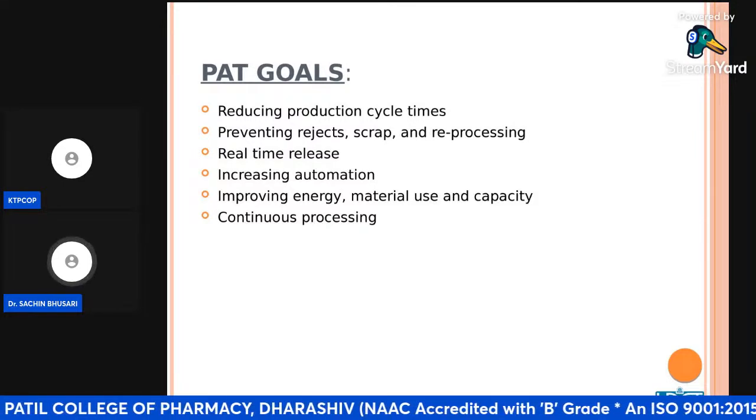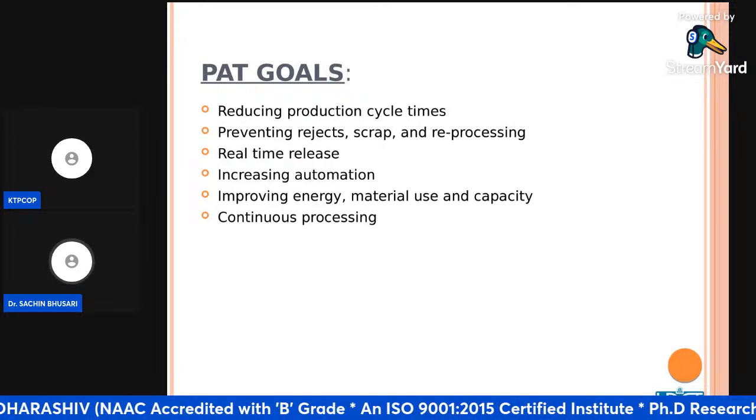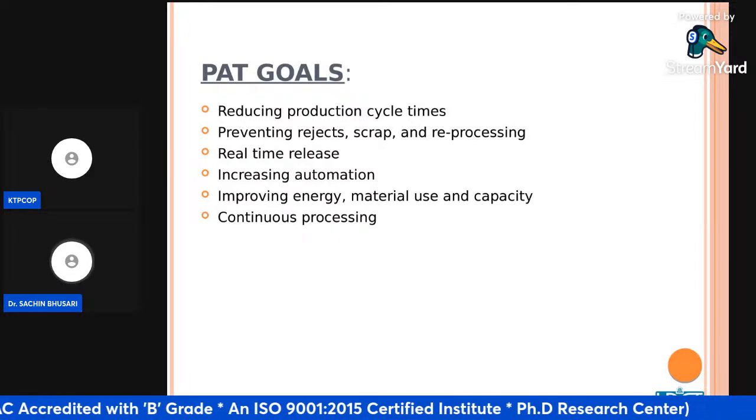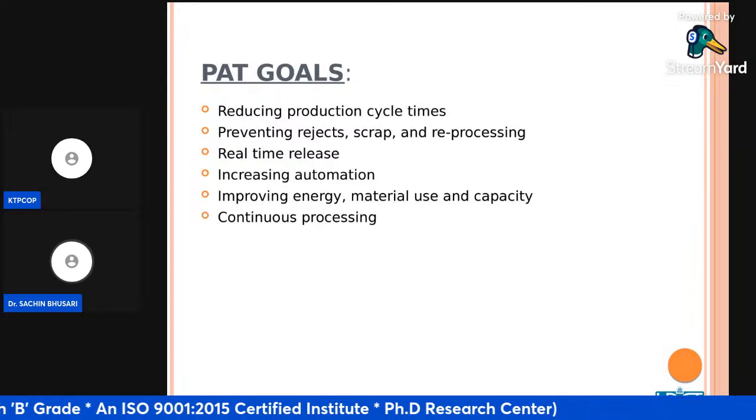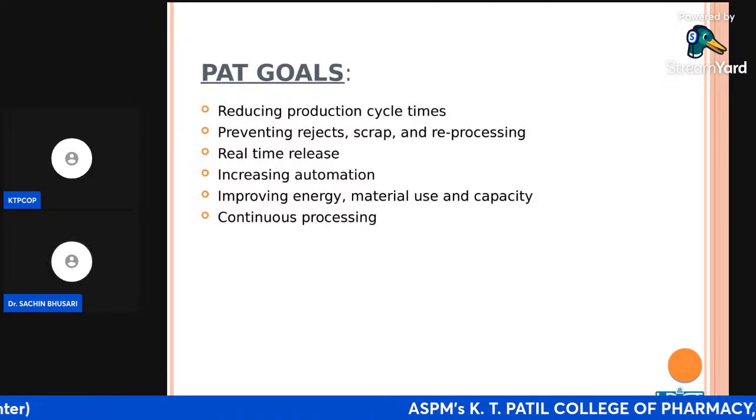The third goal is real-time release. Now in batch processes, what happens is we synthesize API, or we manufacture tablets, capsules, and we submit the samples to QA/QC, then we analyze the material, and then we release the batch. It is basically an offline process.